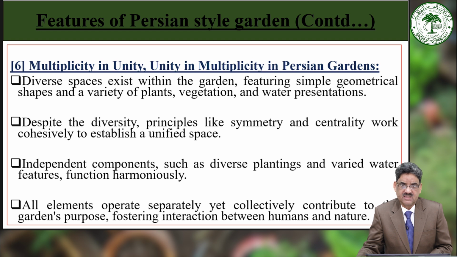Despite all of these diverse and independent components, gardens' principles such as symmetry and centrality have created a unified space. All the elements function separately to pursue the purpose of the garden, developed the interaction between the human and the nature.